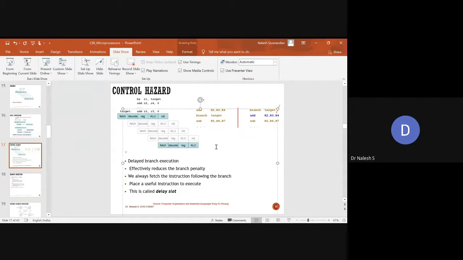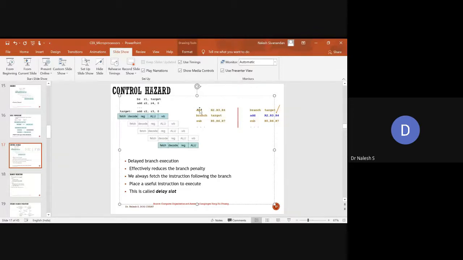Now what you can do is, as per this program, you do the branch only after completing the addition. But if the branch instruction is independent of the add instruction, you can move the add instruction after the branch.